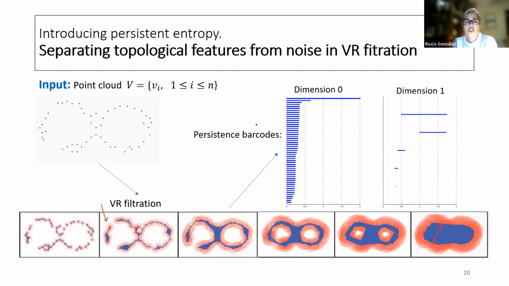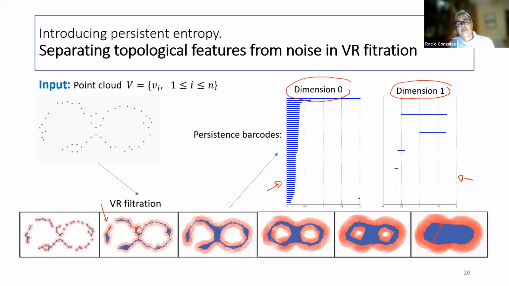So we can compute, for example, in this case, persistent barcodes of dimension 0 and dimension 1, and we have two different pieces of information, one in each dimension. We can compute the persistent entropy of the two barcodes. We have two different persistent entropies, or we could combine both or whatever.